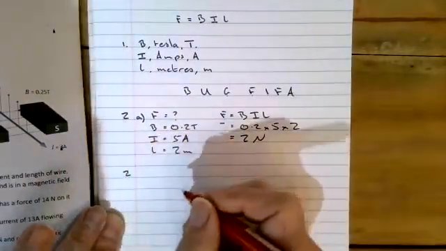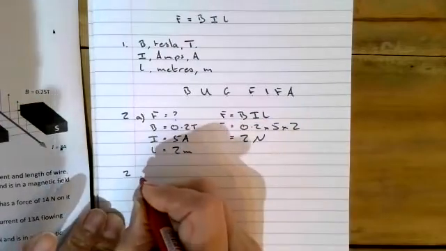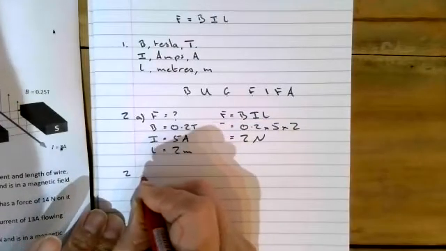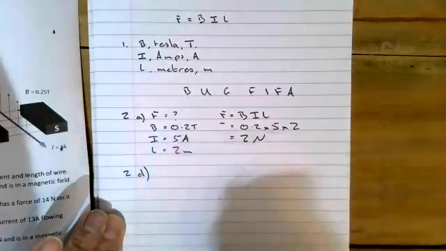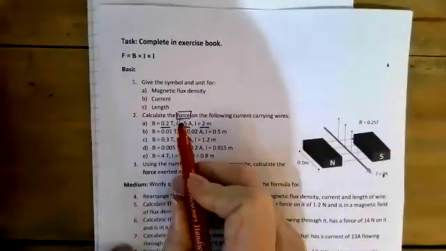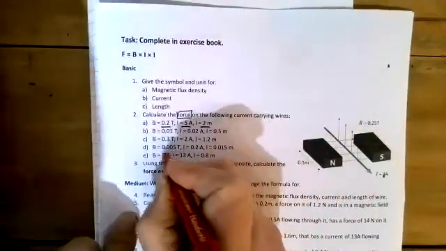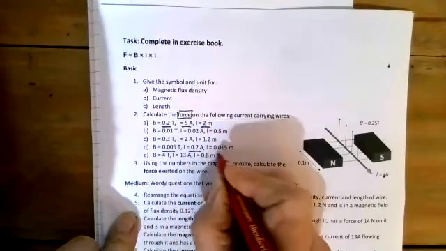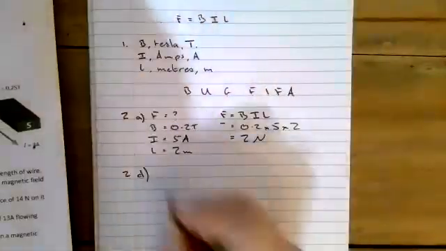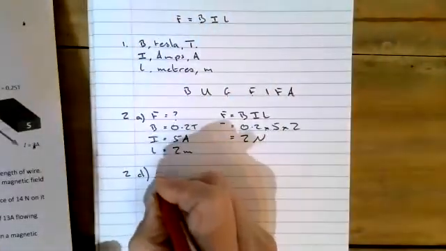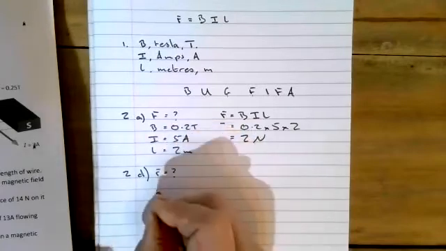All right, now I'm going to move on, and I'm just going to do 2D. So 2D, box force, that's what I'm finding. I need to underline my data, and then I need to grab my data. So force, I don't know.